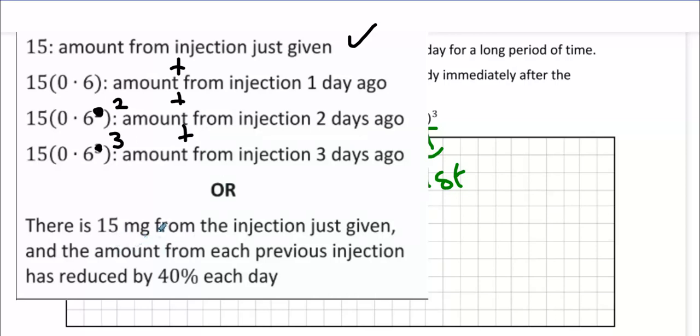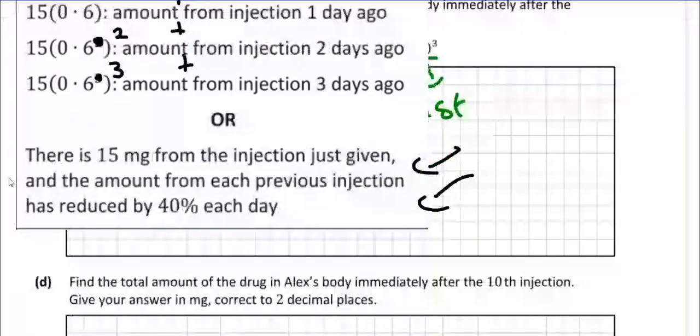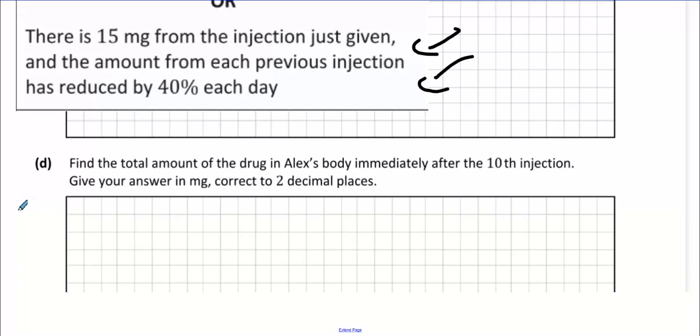Or you can say there's 15 milligrams from the injection just given, and the amount from each previous injection has reduced 40% each day. That is just basically re-explaining the question, isn't it? That second one is for full marks. Now, we all good, guys? Excellent. Having the marking scheme there is very handy, isn't it?